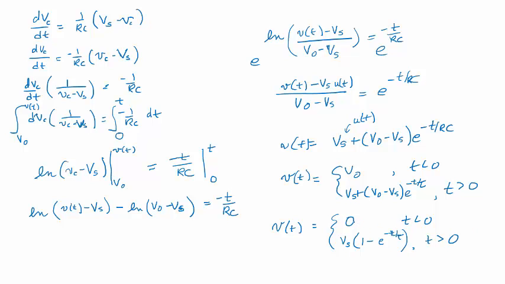So before the switch is closed, there's no charge on the capacitor, and then after the switch is closed, there is a charge on the capacitor, and I'll show you a plot of that.